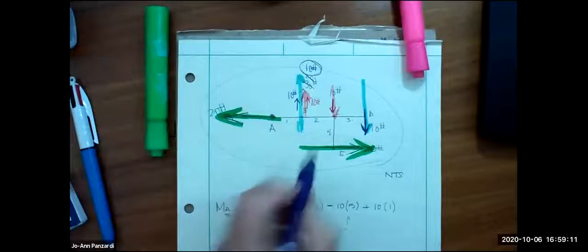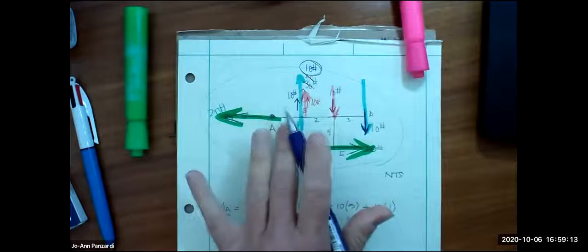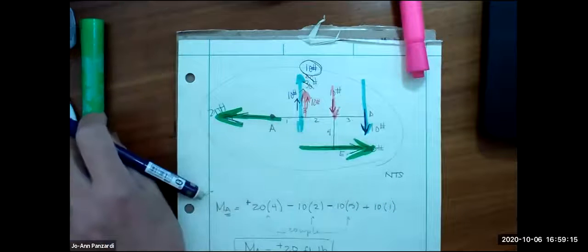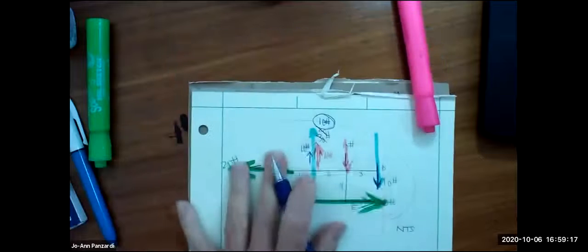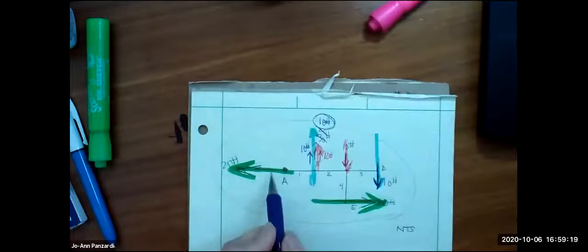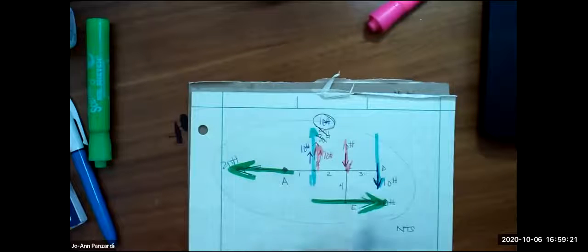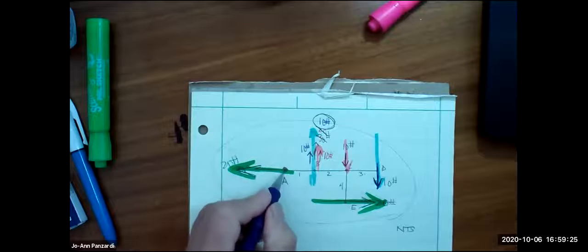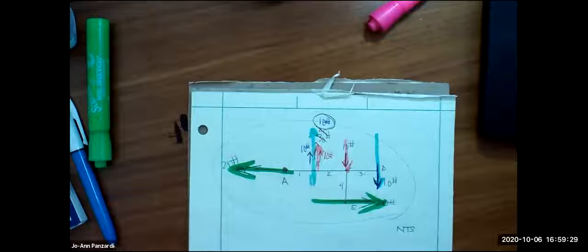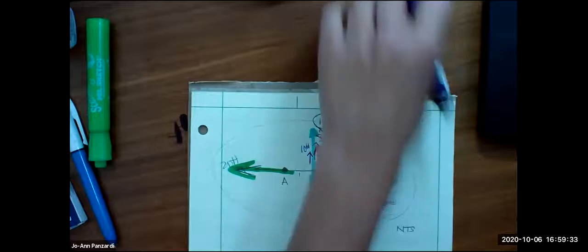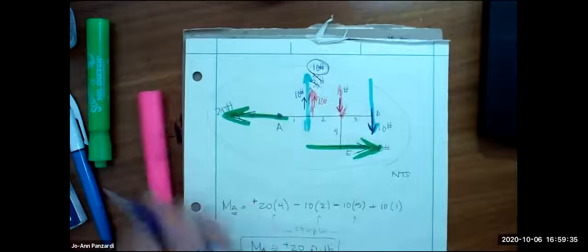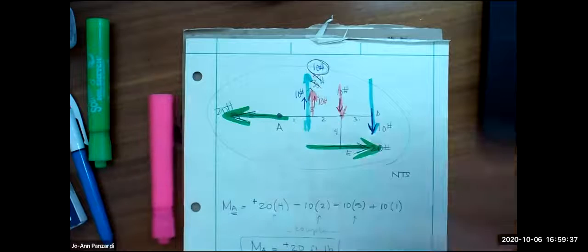Because I reduced this to couples, let me just start over. Originally we had 1, 2, 3, 4, 5 forces. I could have found the moment about point A due to every single one of those forces. But I could simplify the problem. Now that we're introducing couples, do a sweep and see, are there any couples?